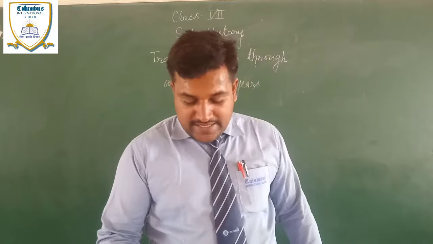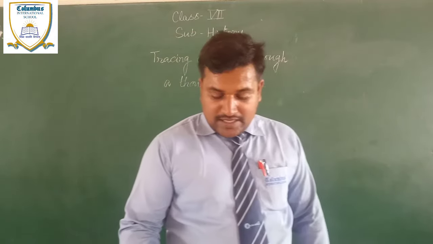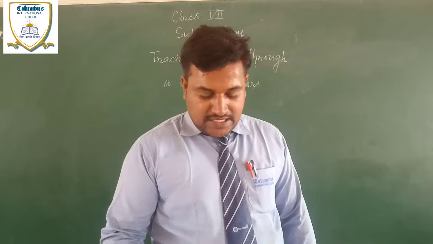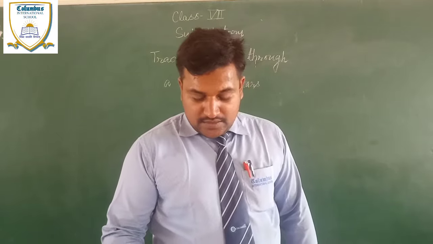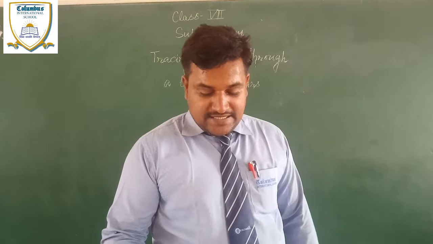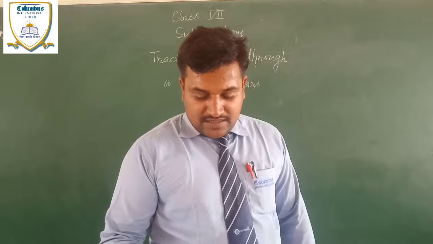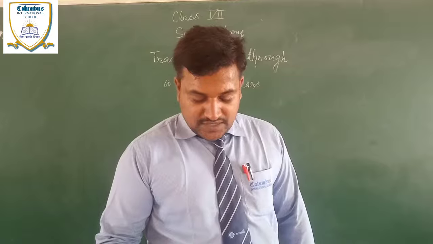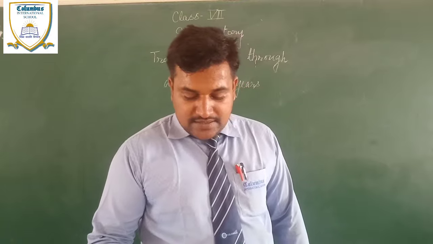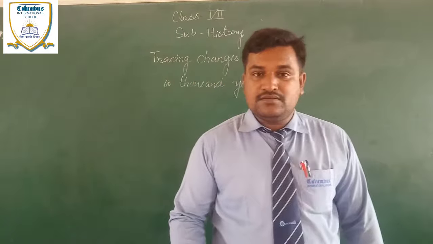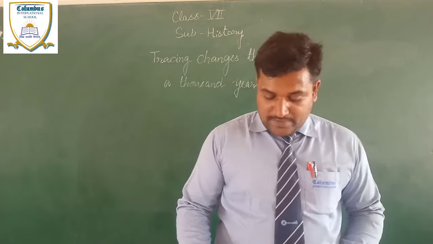So beta, historians today have to be careful about the terms they use, because they meant different things in the past. For example, a simple term like foreigner is used today to mean someone who is not an Indian.